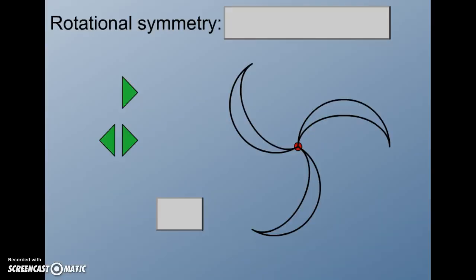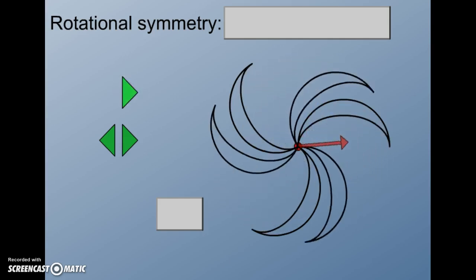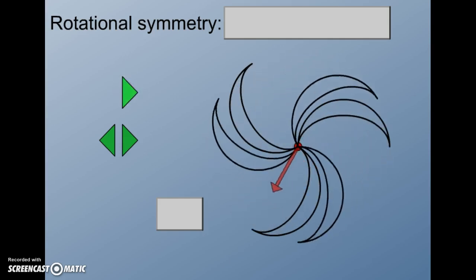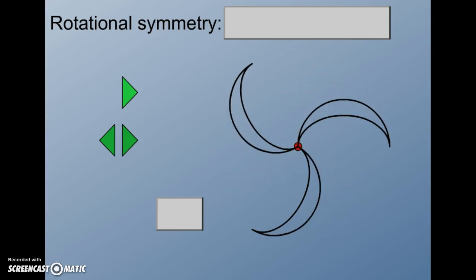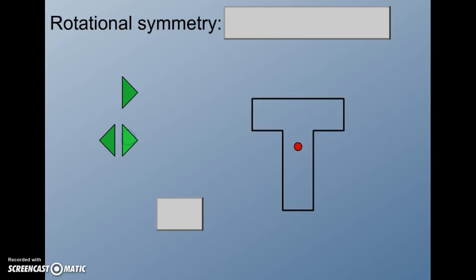So here's an animation. If we push play, it'll count the number of times we have rotational symmetry. So we rotate that around, and there's a total of 3. It maps onto itself 3 times. So let's try the next one here. As this rotates around, you can see that it's not going to map on itself until it gets back to the original, so that does not have rotational symmetry.